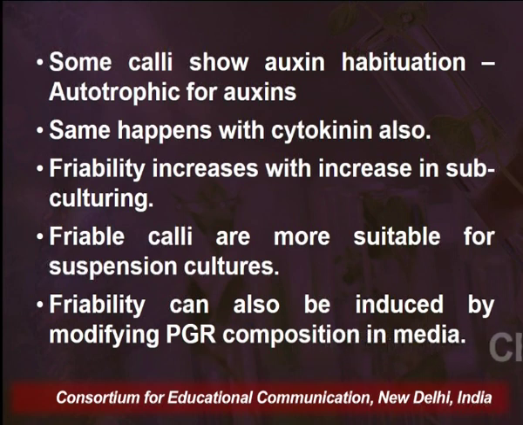It has also been observed that as we enhance the subculturing of a callus, the friability of the resultant calli increases, and once these calli become more friable, they become more suitable for suspension cultures. Now, if you want to grow calli just to transfer them into a suspension culture, friability can also be enhanced by modifying the plant growth regulator composition.